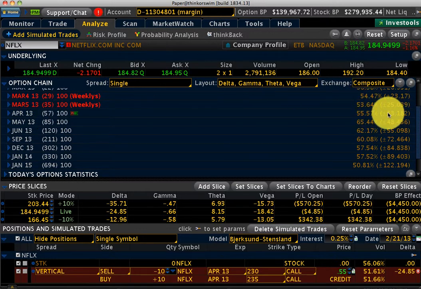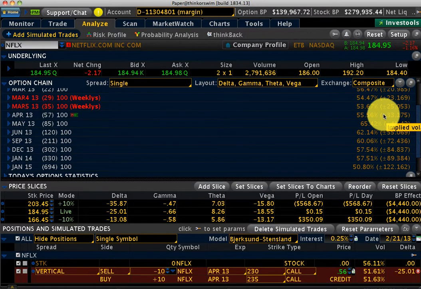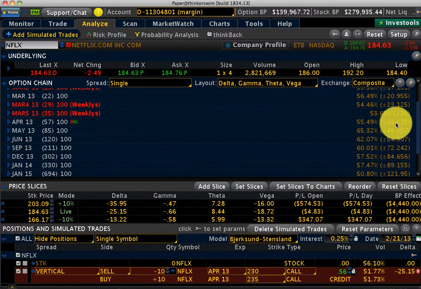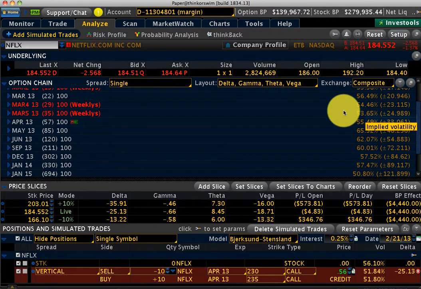So every expiry series is going to have its own plus or minus range for the one standard deviation number.